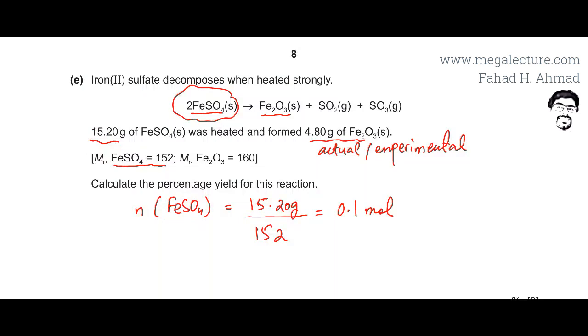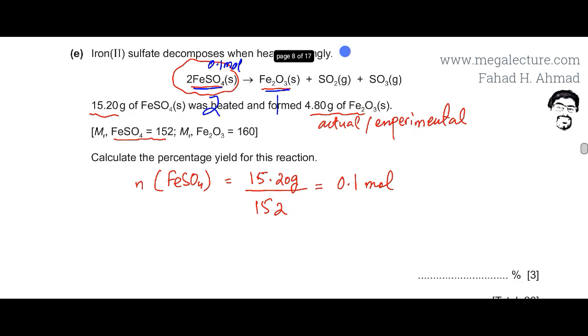So I have 0.1 moles of FeSO4. Now the ratio of FeSO4 to Fe2O3 is 2:1. So two react and produce 1. So 0.1 moles, according to this ratio, the theoretical moles of Fe2O3 are going to be half that amount.